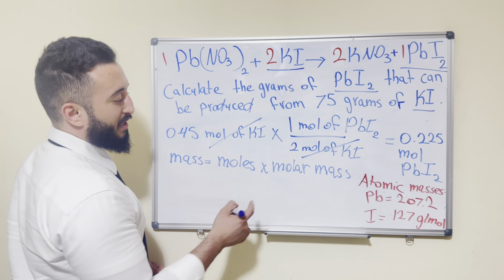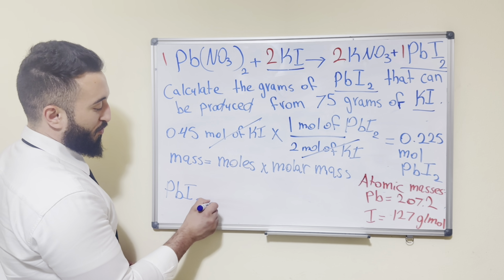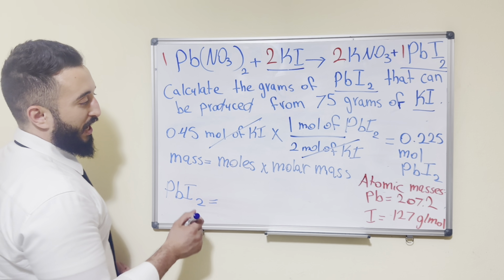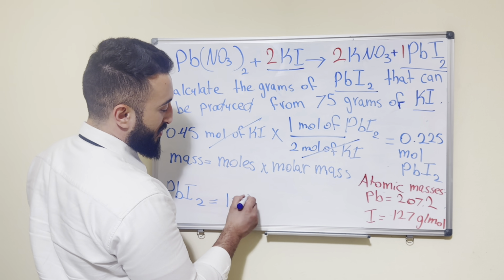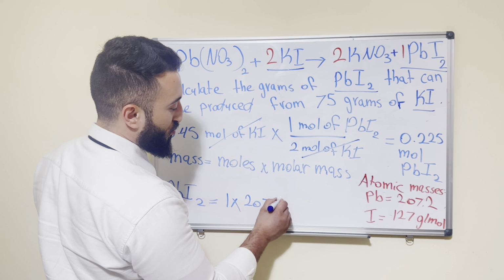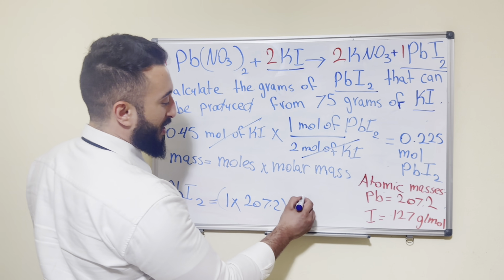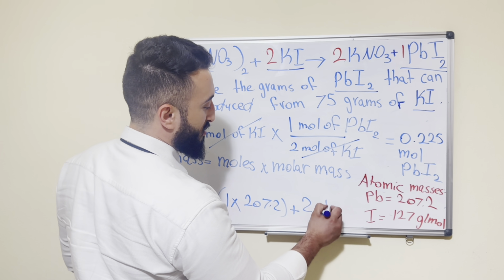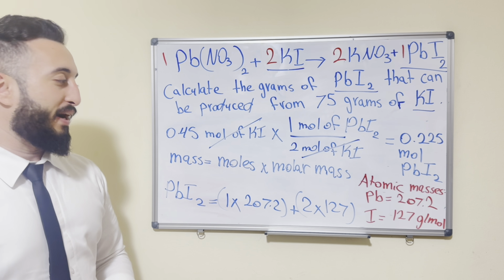How can we calculate the molar mass of PbI2, lead iodide? How many Pb do we have? 1. The mass of lead is 207.2, plus how many iodide do we have? 2. The mass of 1 iodide is 127. So this is the molar mass.